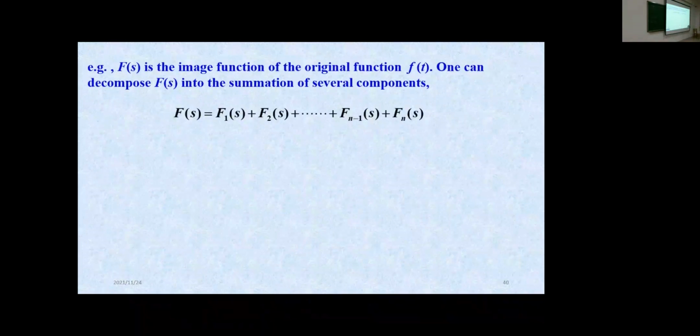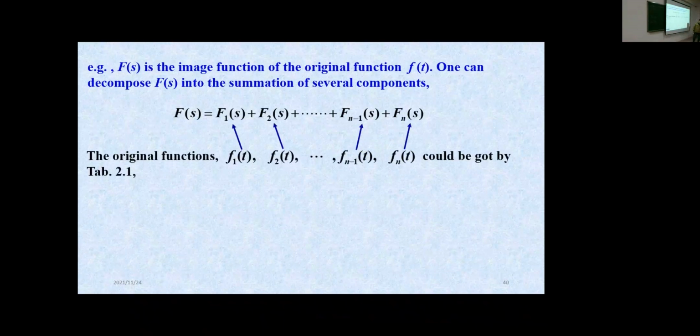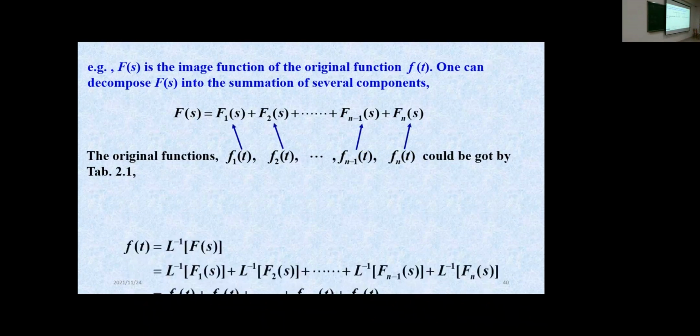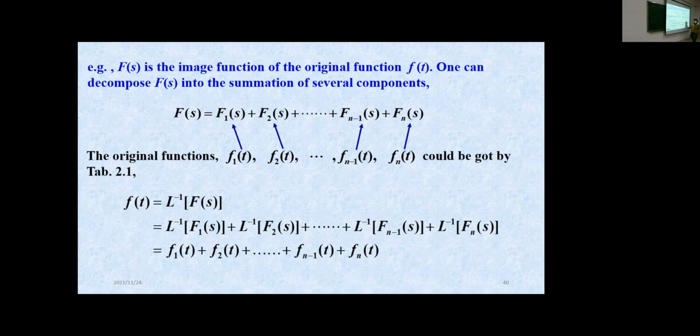For example, F(s) is the image function of the original function f(t). One can decompose F(s) into the summation of several components. The original function for F1(s) is f1(t), for F2(s) is f2(t). If we want to do the inverse Laplace transform for F(s) to find its time domain function f(t), then we can find each one's inverse Laplace transform and then sum them.